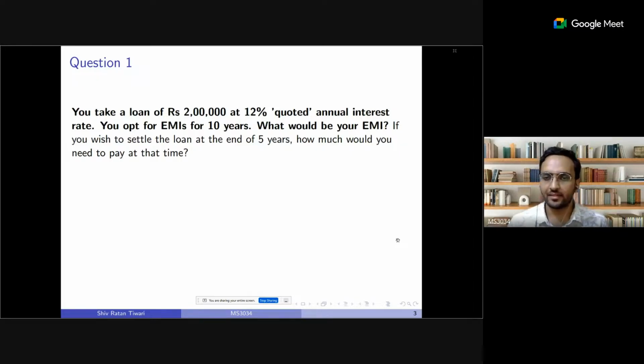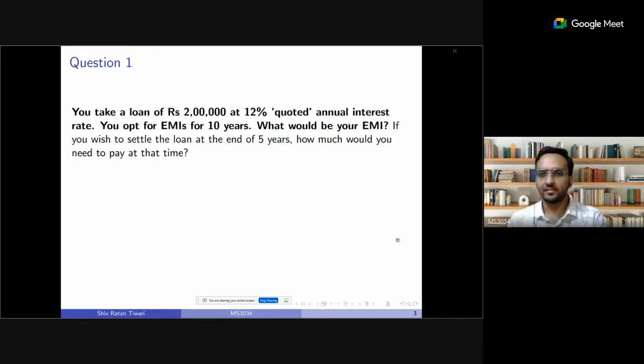And why do we say quoted? Because in banking norms, when we say 12% annual, it can be reduced by simple division to the monthly or quarterly interest rate by dividing by the number of time frames. For example, if I want to compute the monthly interest rate, then I will simply divide it by 12.